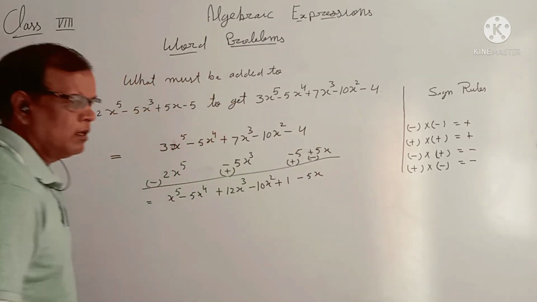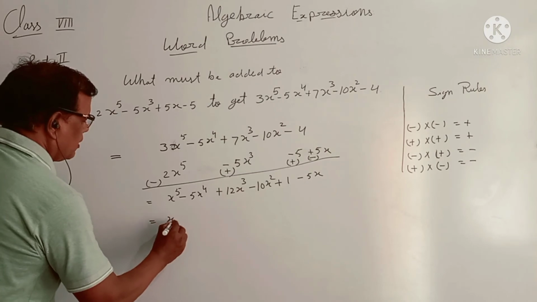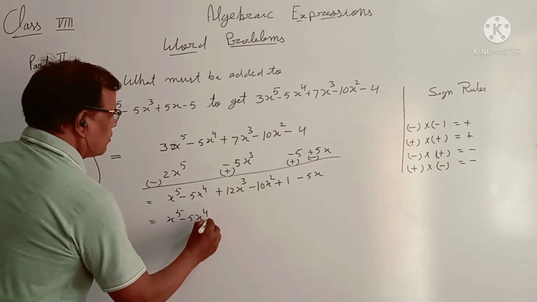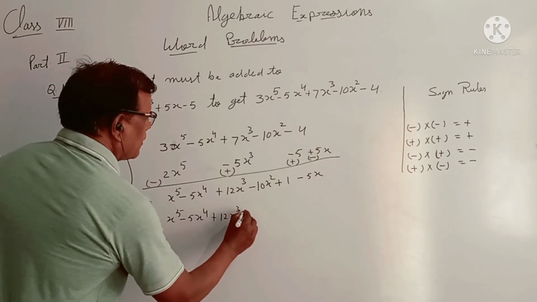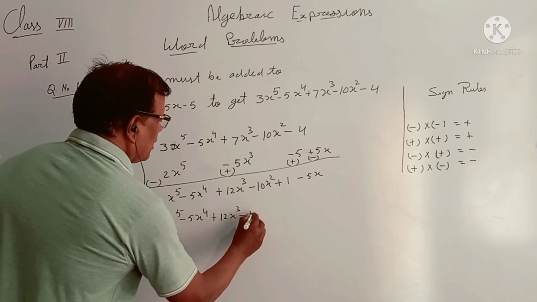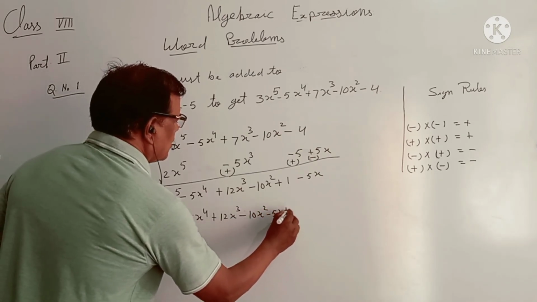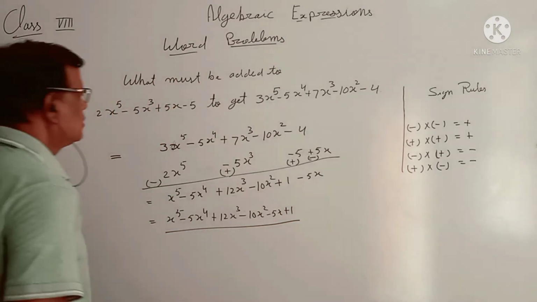Now we will arrange it in the answer. Then the answer will be x to the power 5 minus 5x to the power 4 plus 12x cube minus 10x square minus 5x and plus 1. This we add to get this one.